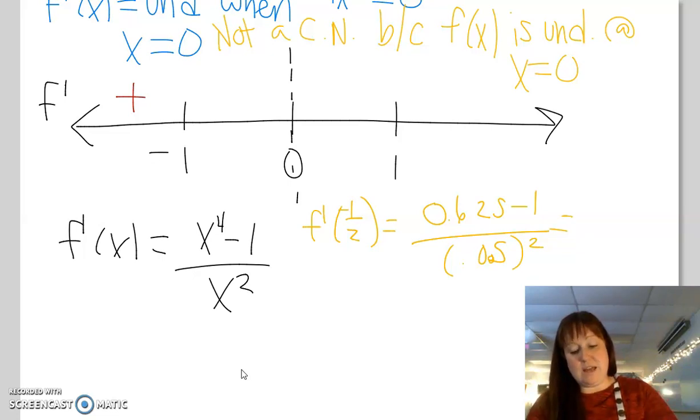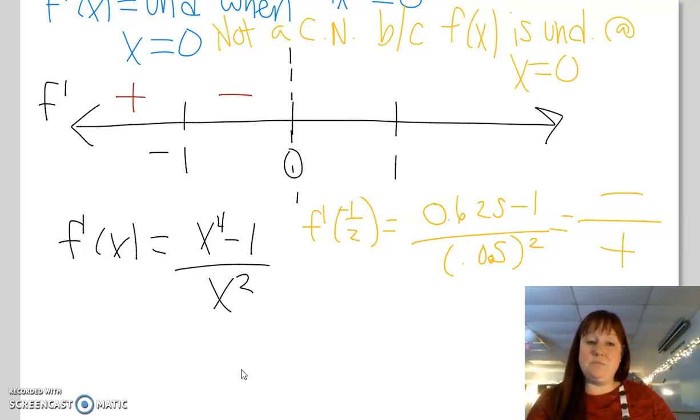Okay, well, that's going to be negative on top and positive on bottom. So it's going to be negative right there.